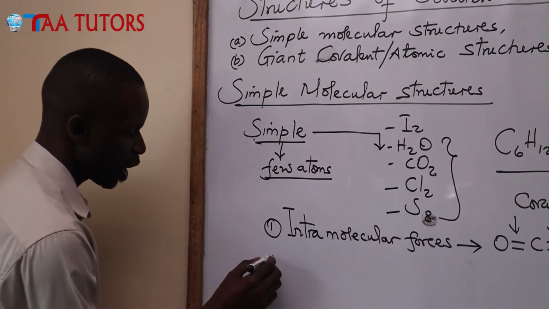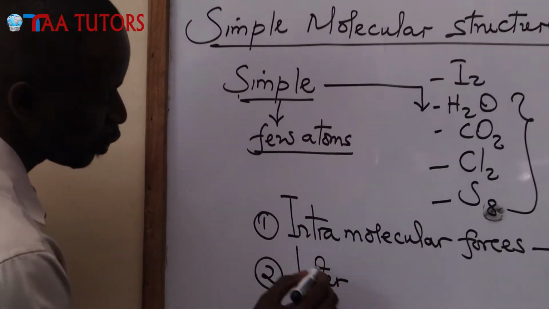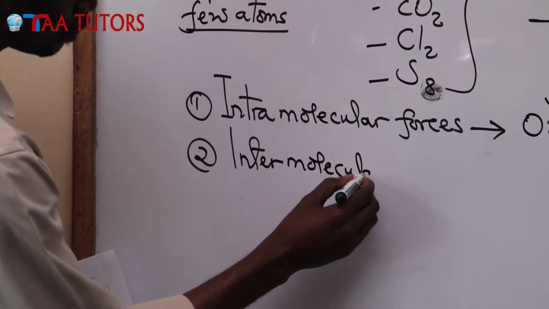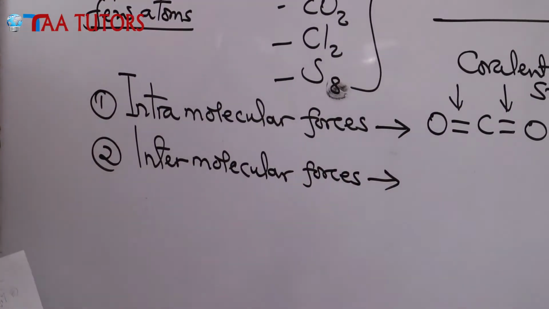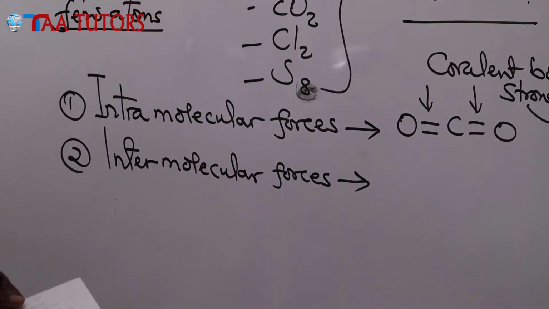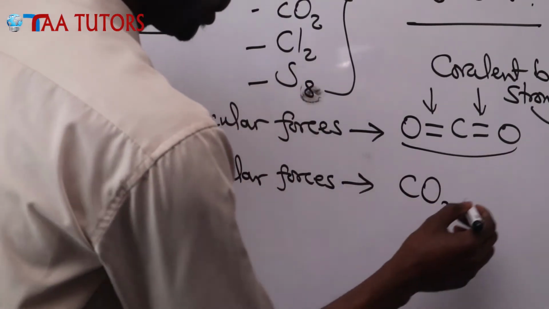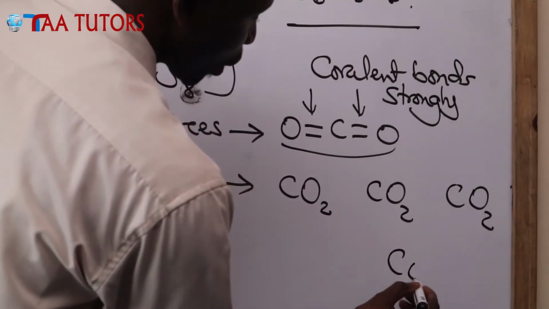The other force we have here is intermolecular forces of attraction. These are forces of attraction that hold the molecules together. Here we have one molecule, CO2. But this CO2 can be connected to another CO2, and another CO2.